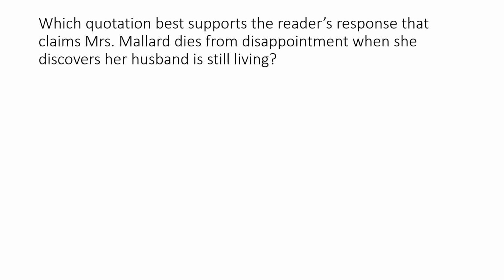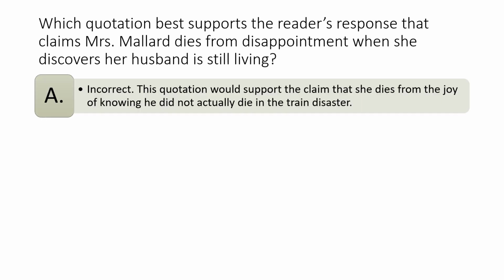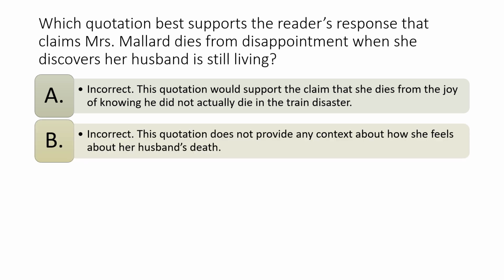Which quotation best supports the reader's response that claims Mrs. Mallard dies from disappointment when she discovers her husband is still living? A is incorrect. This quotation would support the claim that she dies from the joy of knowing he did not actually die in the train disaster. B is incorrect.